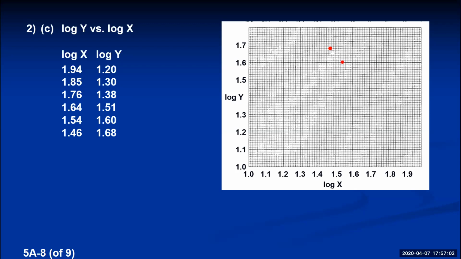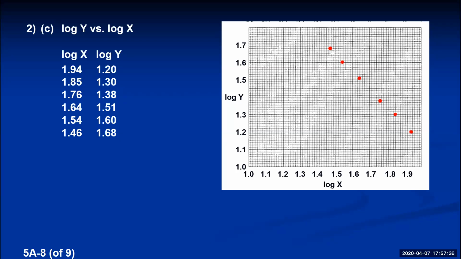The next point, actually, I think what I did is I actually did the bottom one first. So it's 1.46 and 1.68, then 1.54, 1.60, 1.64, 1.51, 1.76, 1.38, 1.85, 1.30, and 1.94, 1.20. So just a different technique now to take data which is normally hyperbolic and graph it so that the points will come out in a straight line. You can do that by graphing the logarithm of each of the different variables.